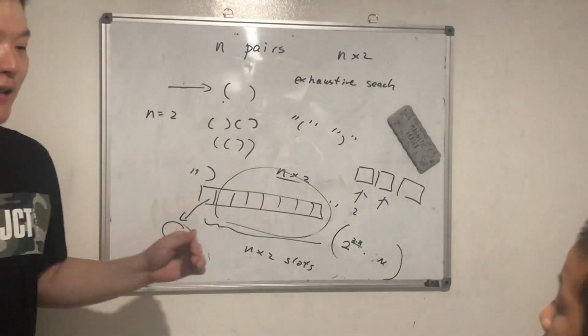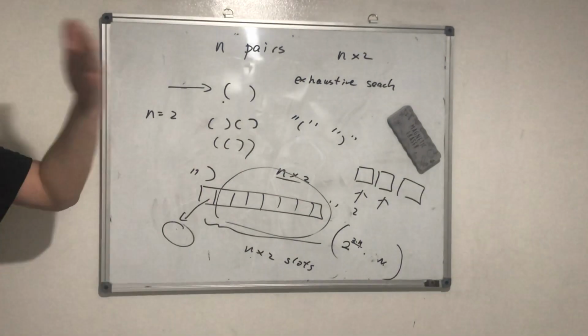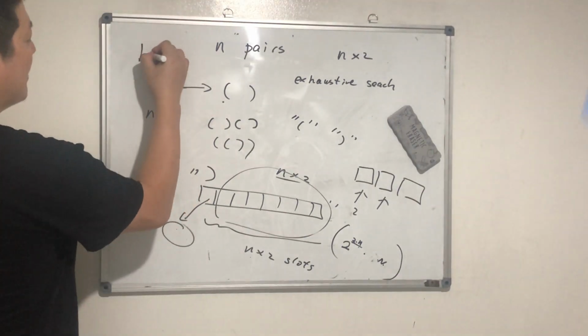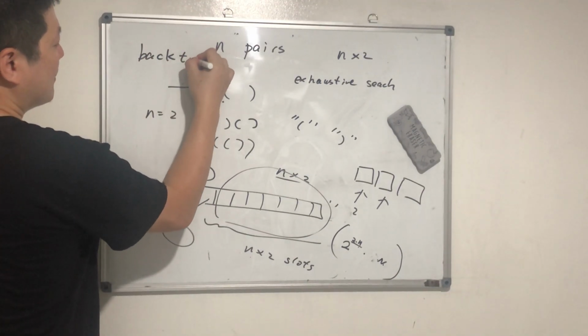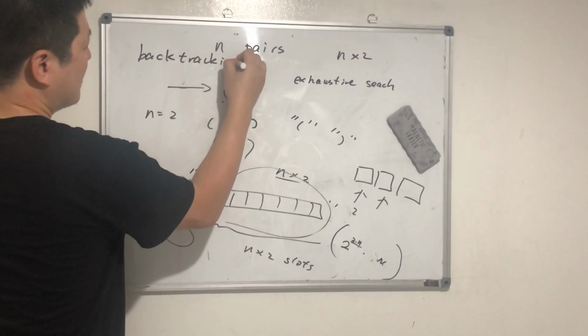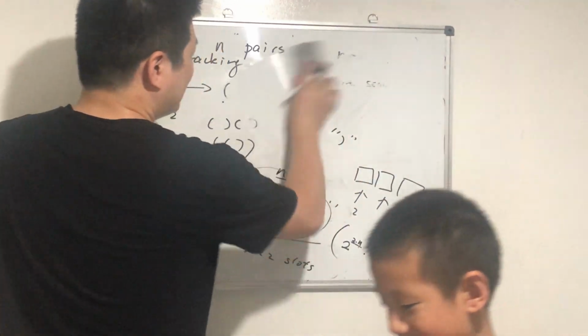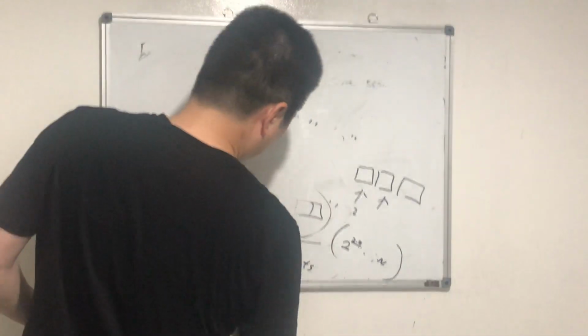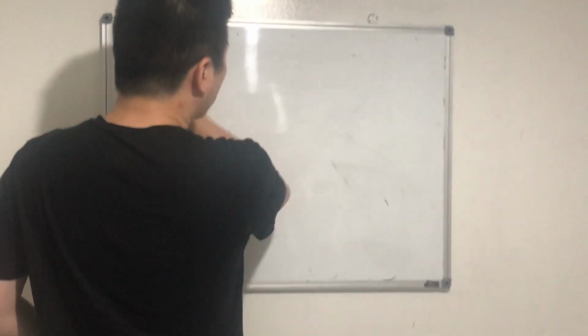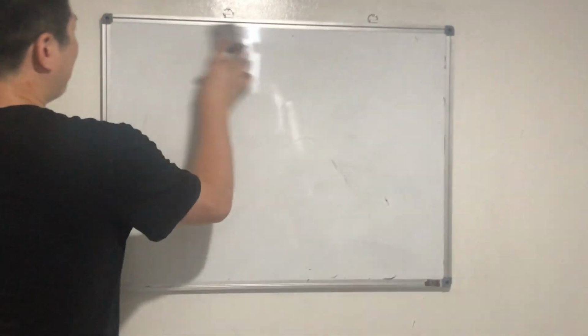Then we don't spend time doing that. Then we just backtrack, yeah? What does backtracking mean? So in order to do this, we can define a function.